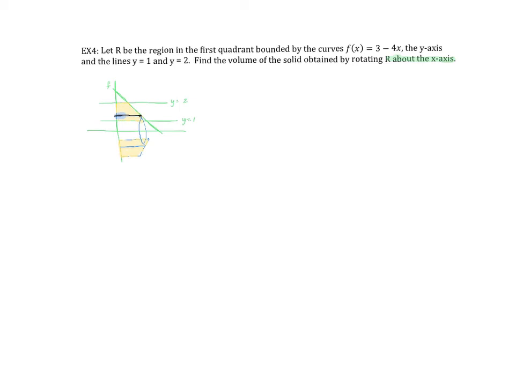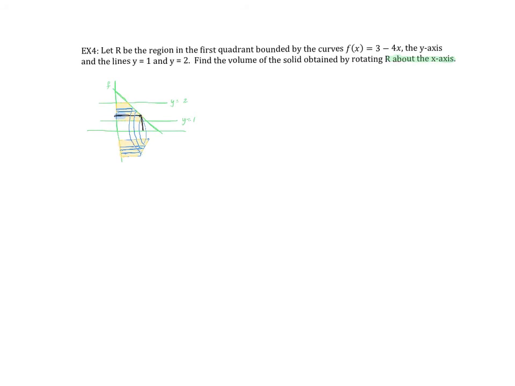So I need to solve my function f of x in terms of x. And the radius corresponds to a y value. So we're going to fill this in from y is equal to 1 to y is equal to 2. Again, we're just going to fill it in with the cylinders or shells so that we can create this volume.